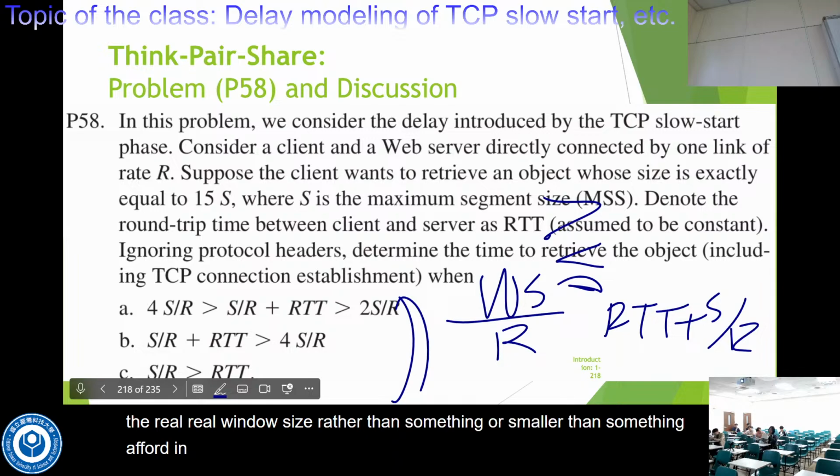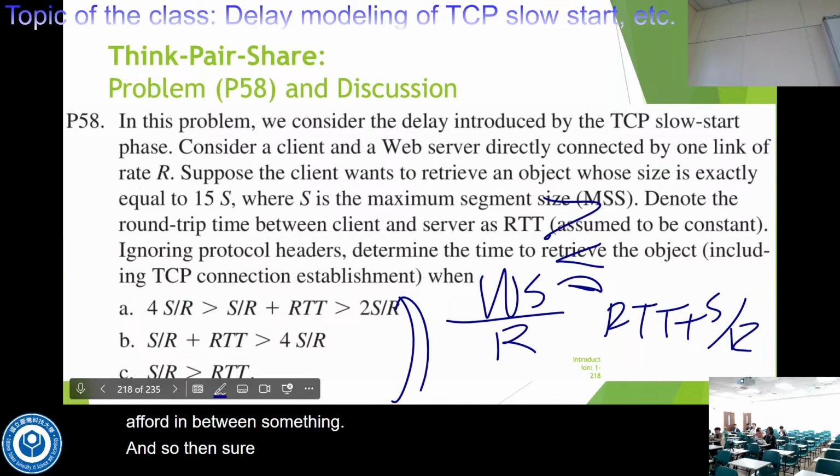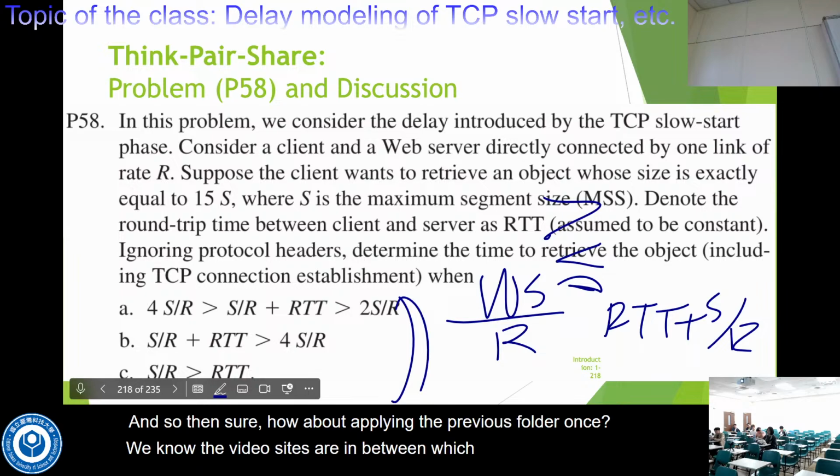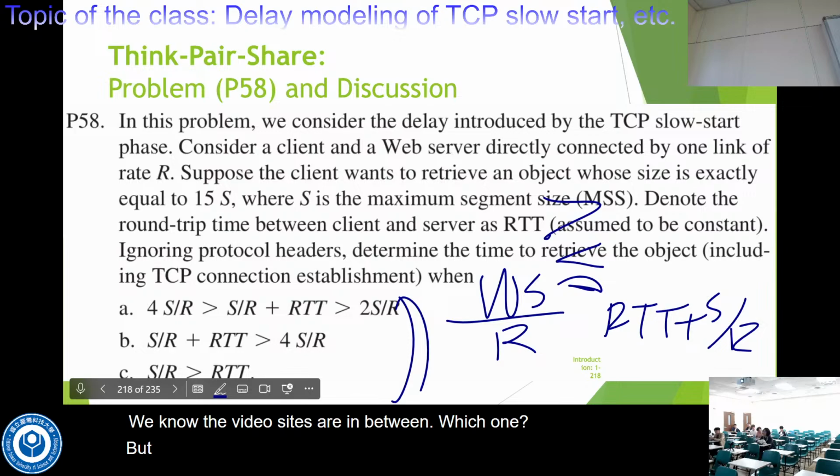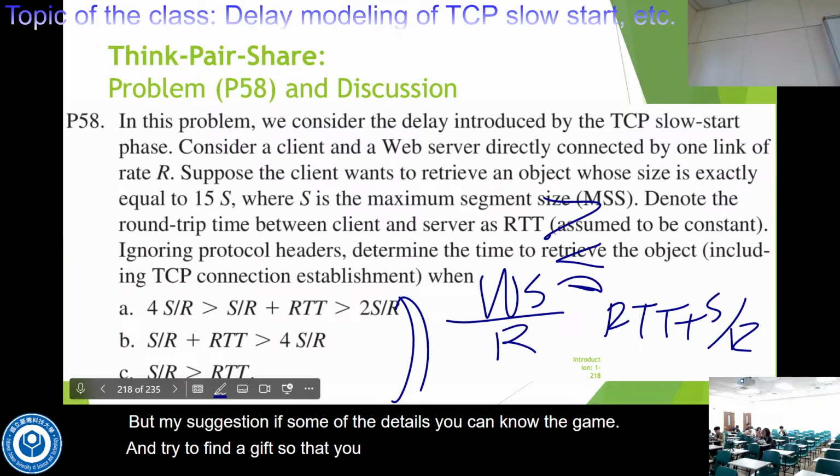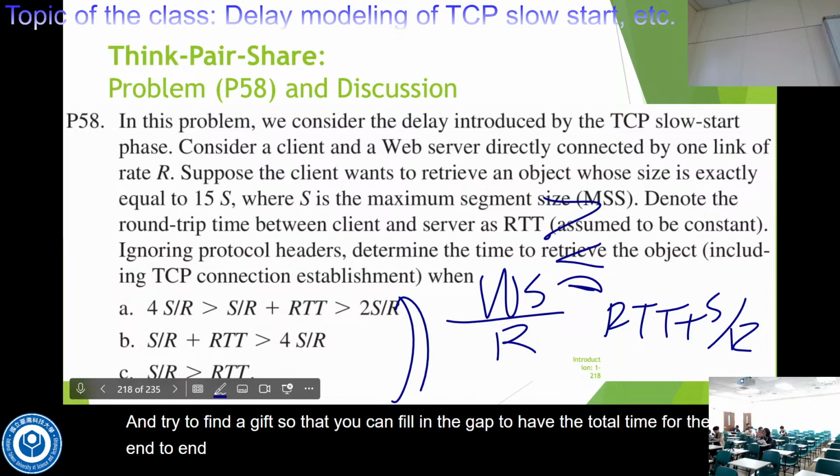So how about applying the previous formula once you know which one the window size falls in between? My suggestion is, if you know some of the details, you can know the gap, and try to find the gap so that you can fill it in to get the total time for the end-to-end delay for the current problem.